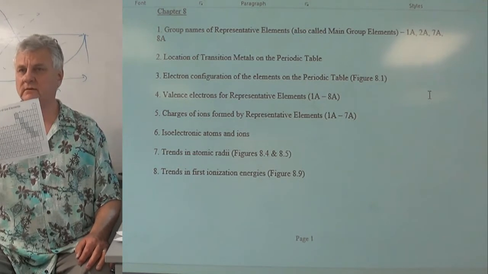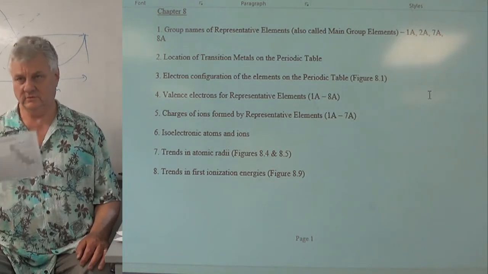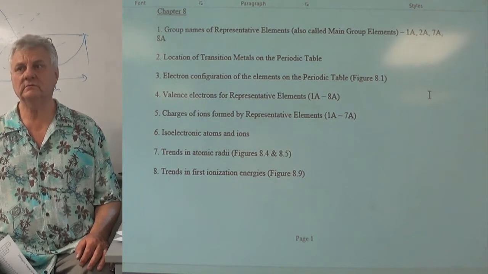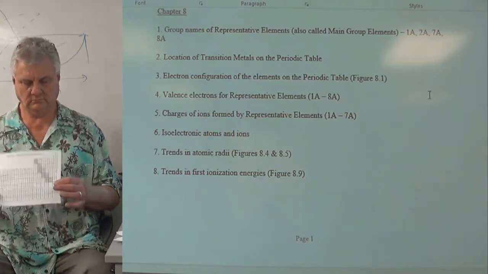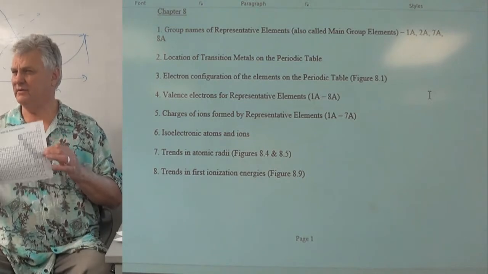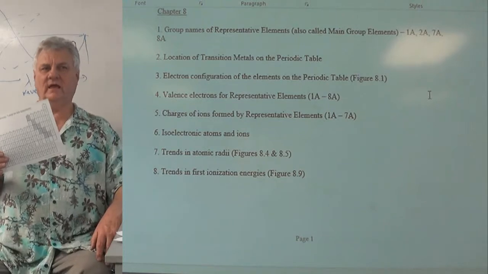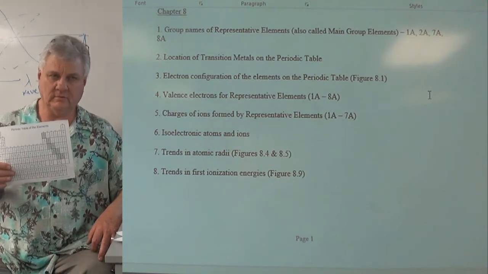Group 2A all have two valence electrons. You now know both of those electrons are in an s orbital and they have opposite spins. Group 8A, the noble gases, are filled shells, and they're filled because they have filled p orbitals.